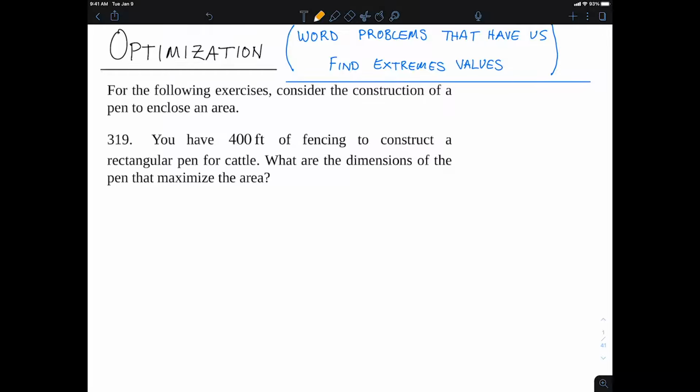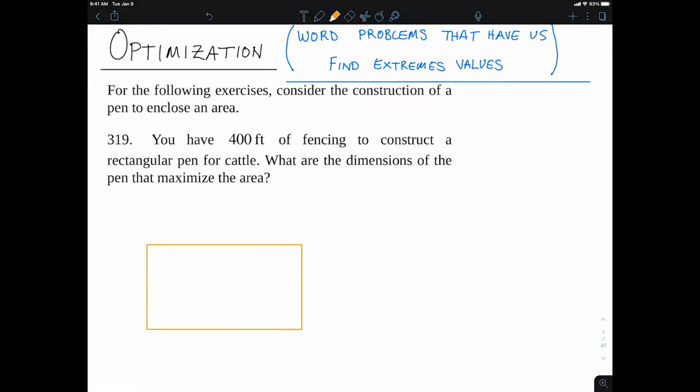So in this problem, we need to read with comprehension, and then we can start to mathematize some of the statements in our problem statement. So we have 400 feet of fencing to construct a rectangular fence for cattle. So we're going to build a rectangular fence that we're going to put some cows inside of.